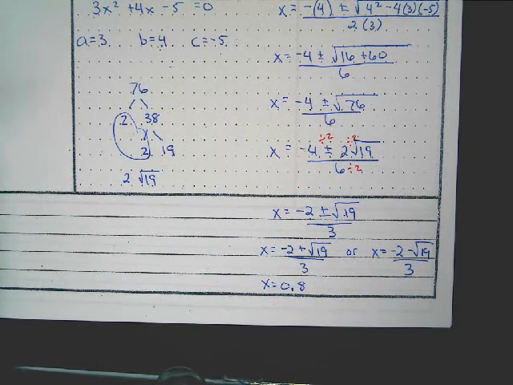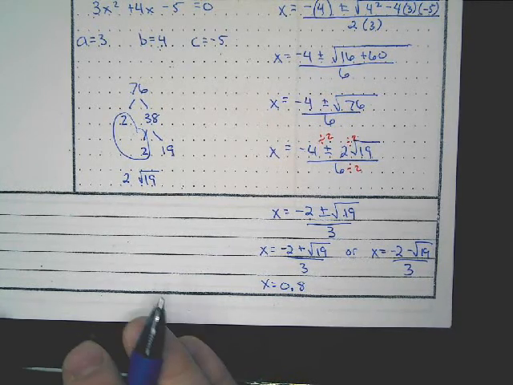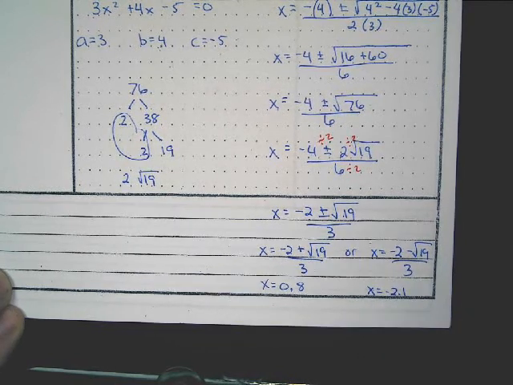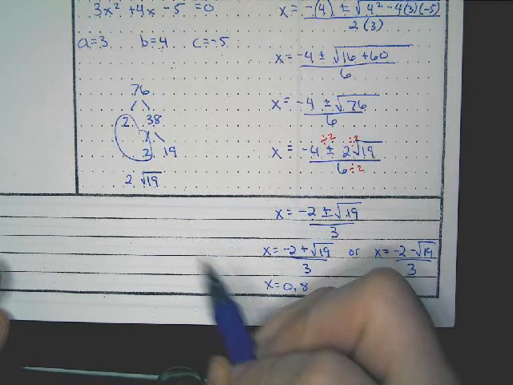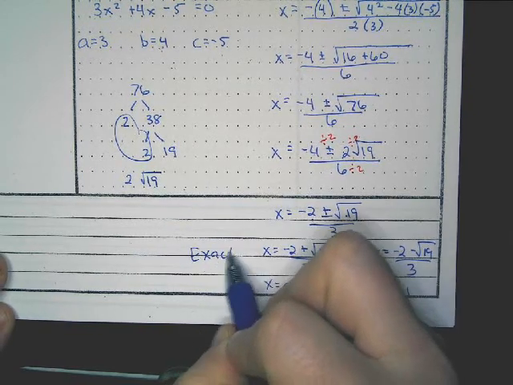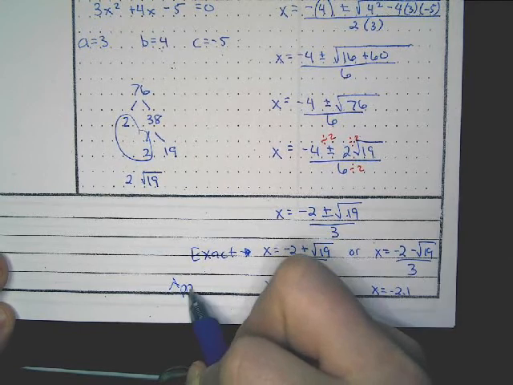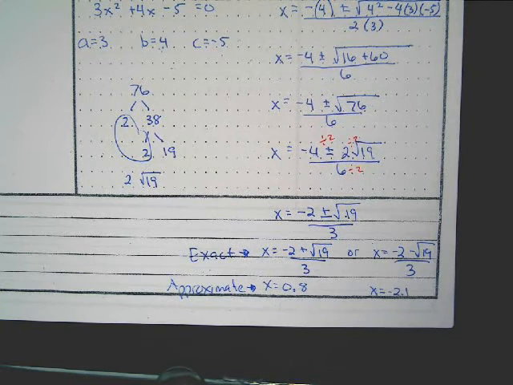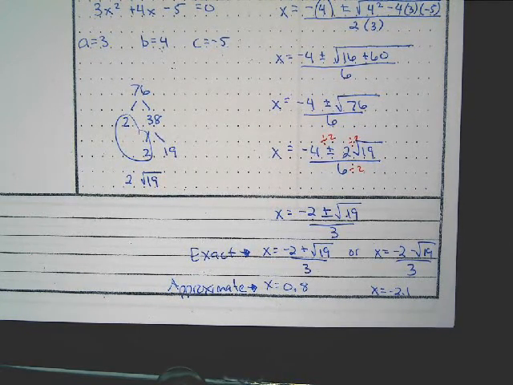Now I'm going to do the other side, where I do negative 2 minus the square root of 19, and then take that number and divide it by 3. I get negative 2.1. Like that. So these are exact, and this is approximate.